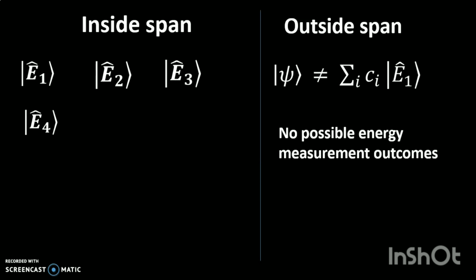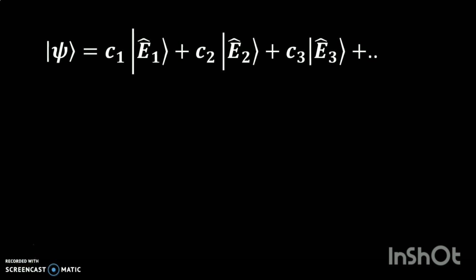So this quantum state has no possible energy measurement outcomes, since remember that the eigenstates represent the definite states you get from a measurement, and this quantum state cannot be written in terms of any of them. But this is not possible.